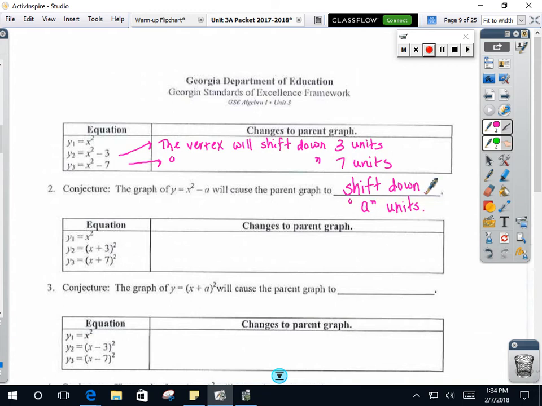Okay. The next one, you're going to need to graph it. Okay, so go ahead and type those 3 in your calculator. Y equals x squared is already there from the first time we did it. And then you're going to type in y equals x plus 3 in parentheses squared. Make sure you put those parentheses around x plus 3 just like they are.